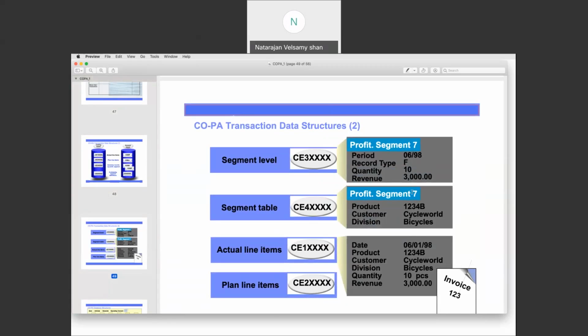For a number given as profitability segment 7, some segments have these definitions, so the transactions that match these definitions are updated with the segment-level total. For segment 7 in period 6, record type from billing, it is 10 pieces and revenue is 3000.